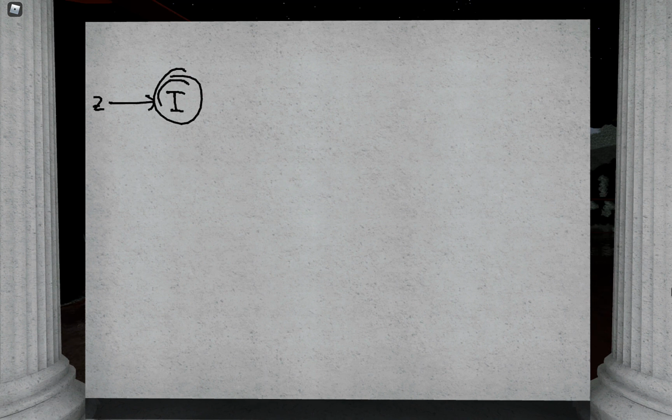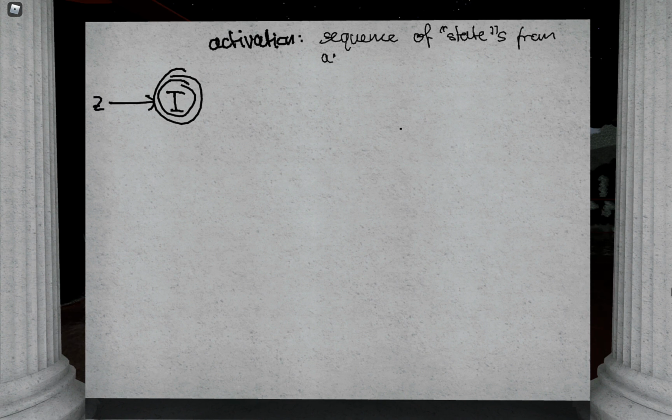So an activation starts from an active state. It's a sequence of states, where a state includes the tape information and all of that, from active to inactive.